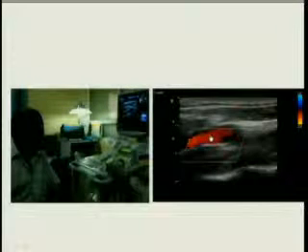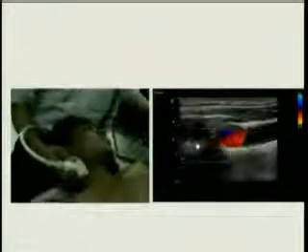Another thing, in the same longitudinal sections, we look at the internal carotid and external carotid. The difference between them is that the internal carotid artery is the bigger one, and it does not have any branches. The external one is smaller, anteriorly placed, and it does have branches, and that's how we differentiate between the internal and external carotid vessels.